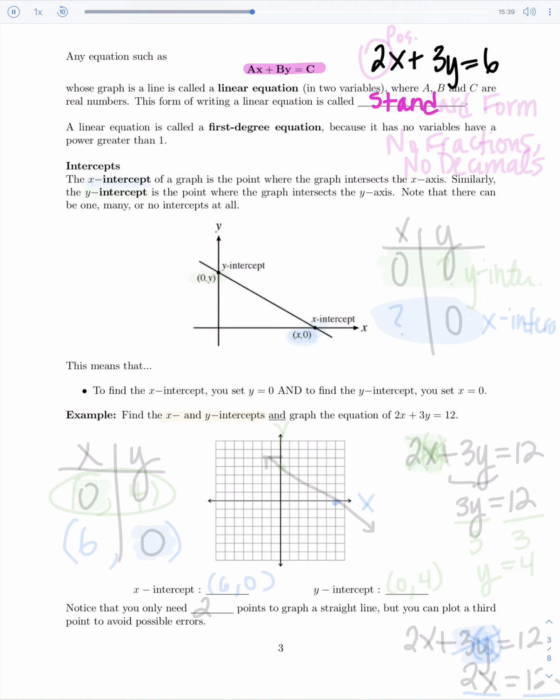So whenever they mention standard form, this is what you should have an idea of in your head: you have the x and y on one side and a regular number on the other. Now, if something is in standard form, you should see no fractions, and you should also see no decimals.